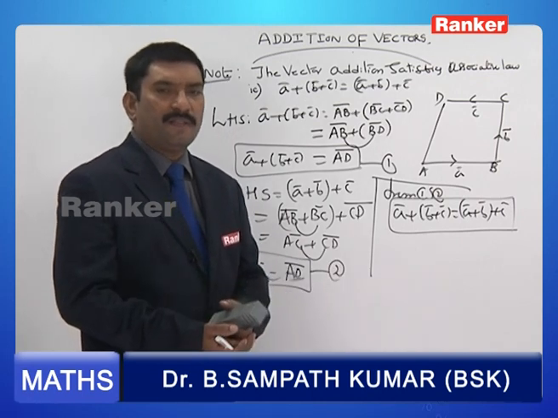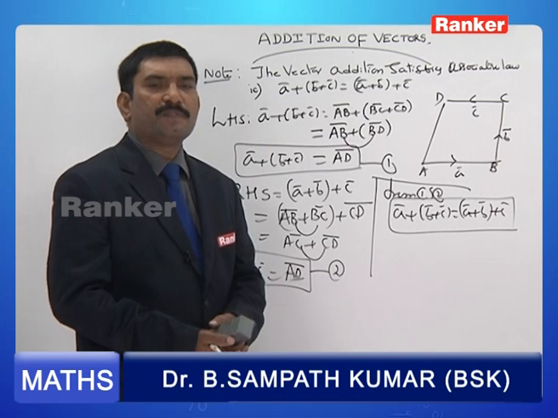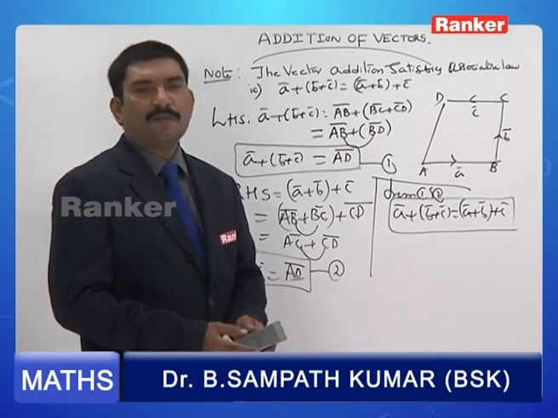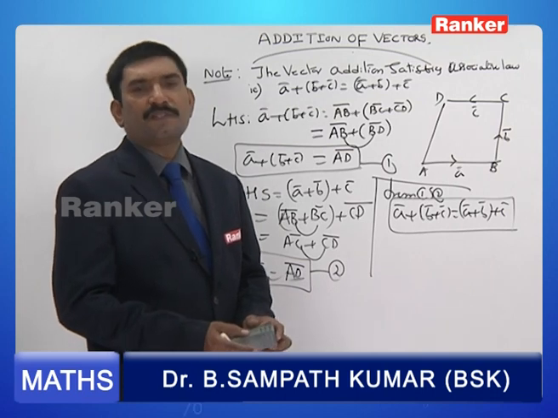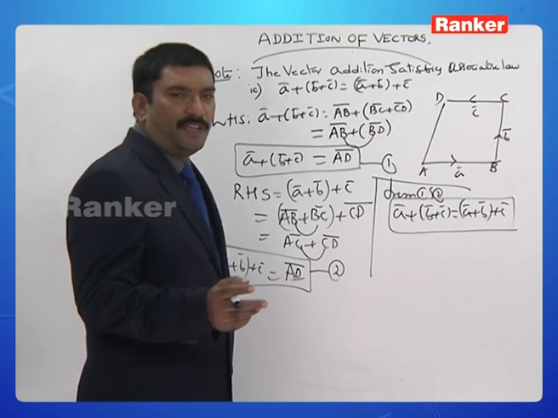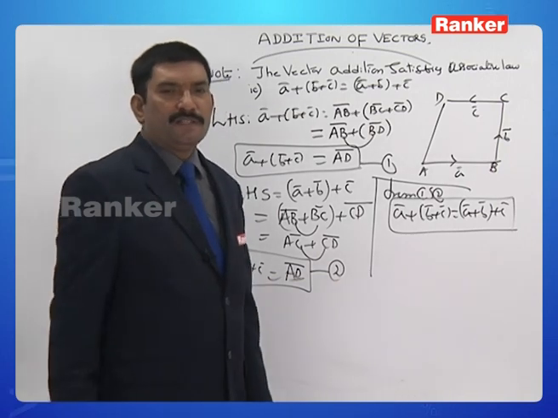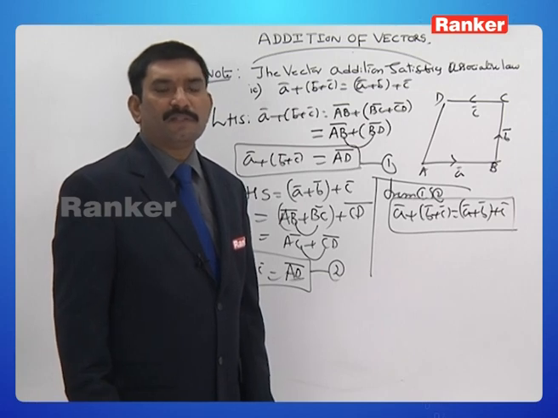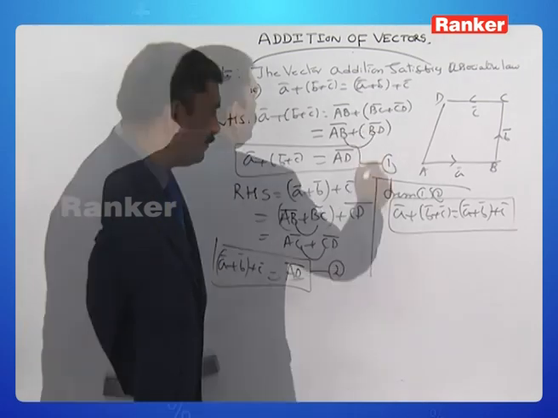Meanwhile, as we have dealt with earlier, vector addition also satisfies the commutative law. So we come across the two main discussions on the addition of vectors. Addition of any two vectors is defined only when the terminal point of the first vector coincides with the initial point of the second vector.